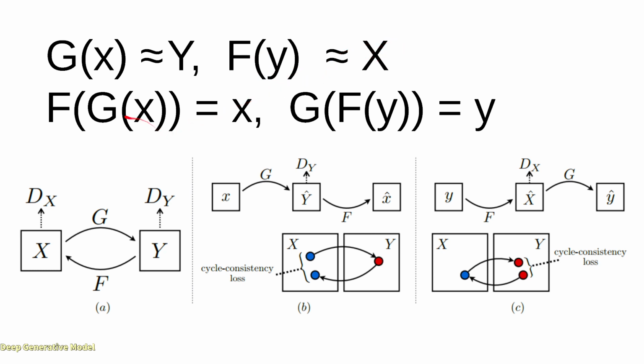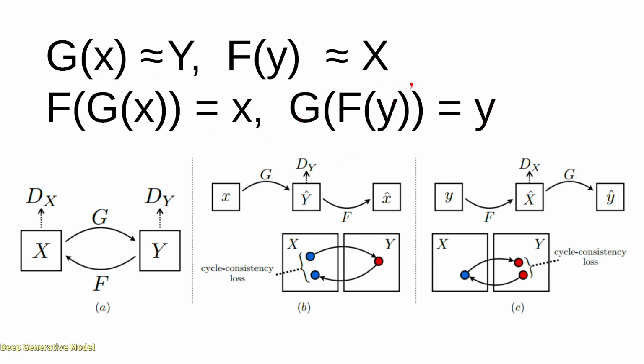So in CycleGAN, we use a second generator to recover the original images. So this GX translates the horse into a zebra and then translates the generated zebra back into a horse. And we wish these two to be the same.